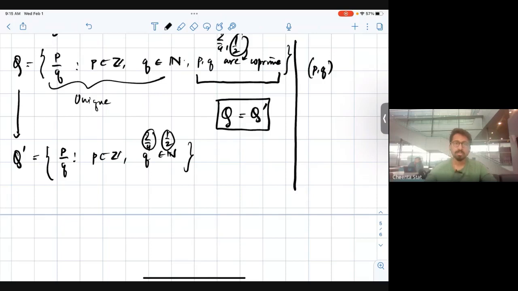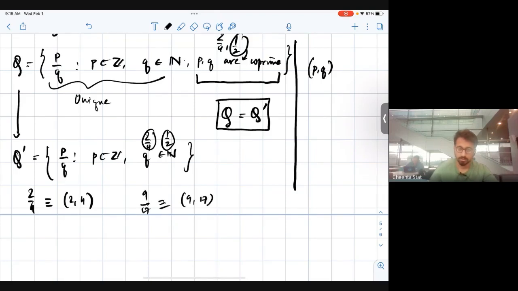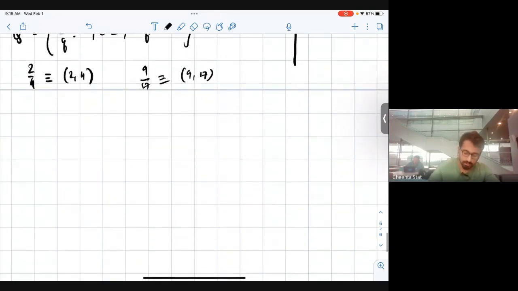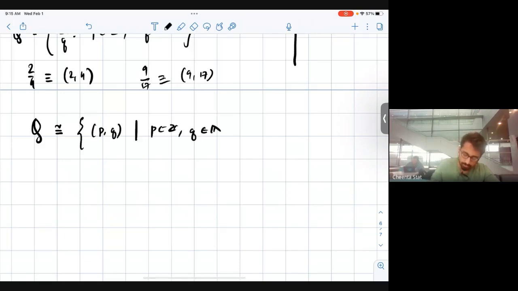Let's say 2 by 4 you can write as 2 comma 4. 9 by 17 you can write as 9 comma 17. So Q is the same as saying a set of all P comma Q such that P belongs to integers, Q belongs to natural numbers, and P and Q are co-prime.